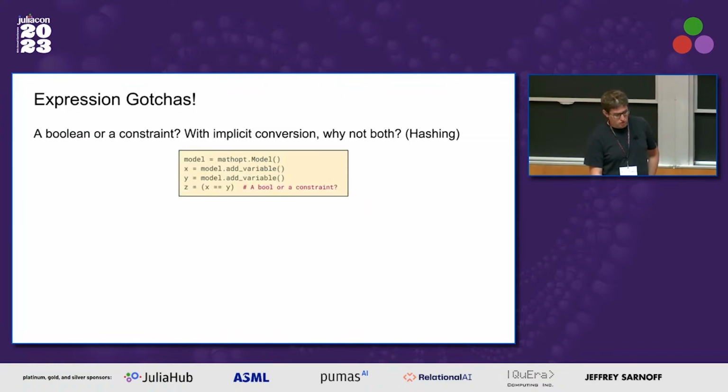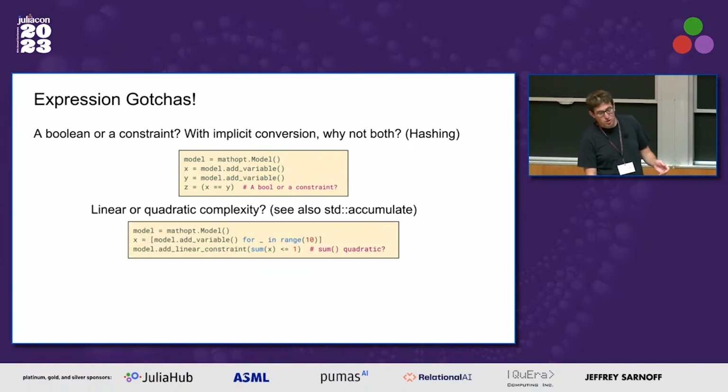Okay, so maybe some gotchas. These were kind of fun things about linear expressions. First, I have two variables and I say variable x equals variable y. Is z a Boolean that indicates if they're the same, or is z a linear constraint? Do you have to decide?